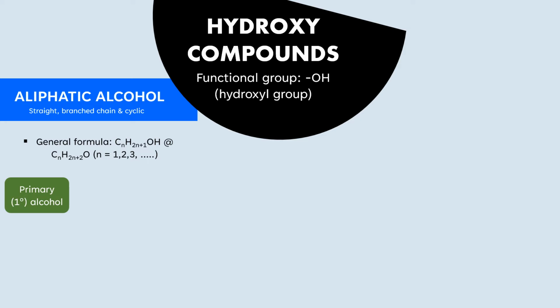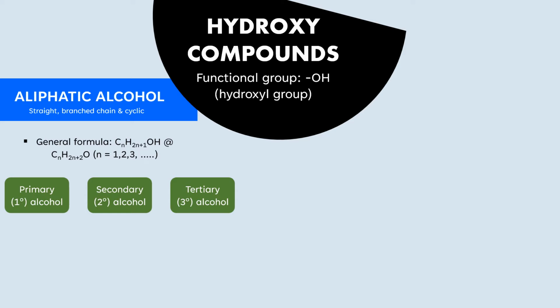And for aliphatic alcohol, we do have three different classifications iaitu primary alcohol, secondary and tertiary alcohol. And these are the examples of the different class of the alcohol. So basically, how do we classify alcohol? Kita akan refer kepada carbon yang directly bonded to the OH.